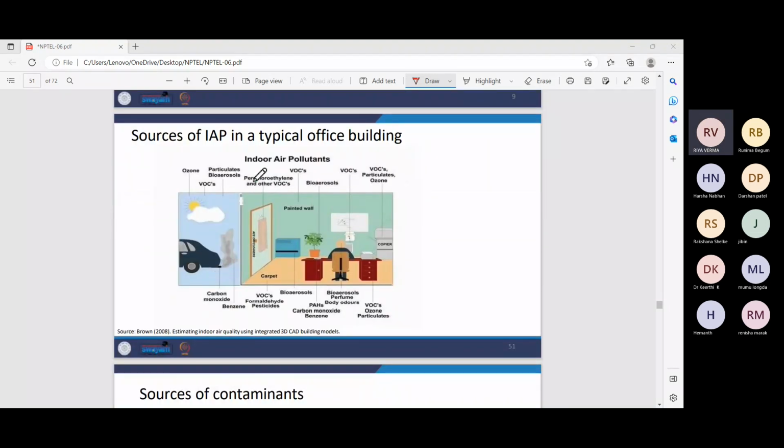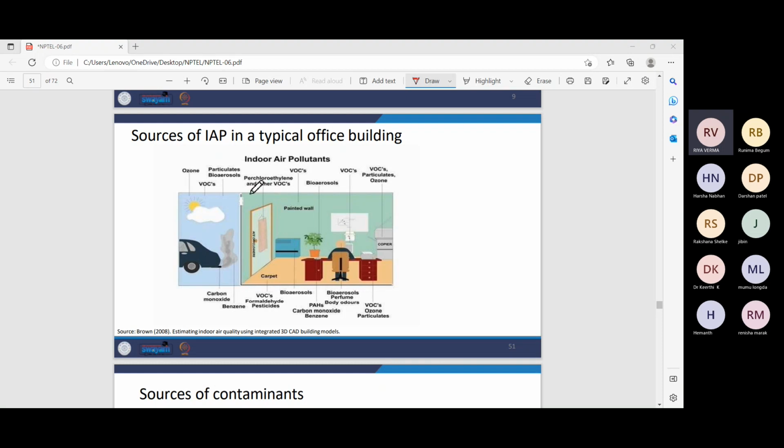Now, next are the sources of indoor air pollutants in a typical office building. First is your carpet. It can have VOCs and formaldehyde, and if we are using some pest control or some kind of spray in the environment, then it can also have some emissions.